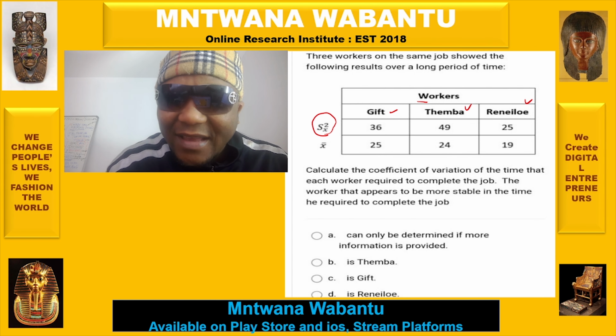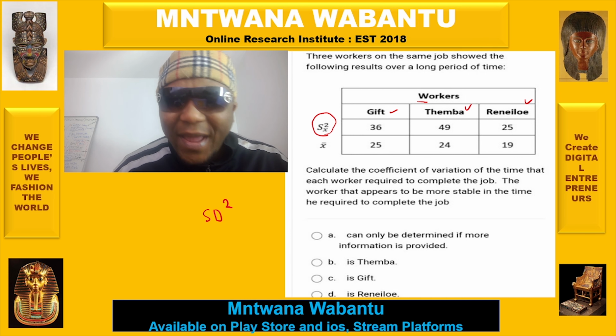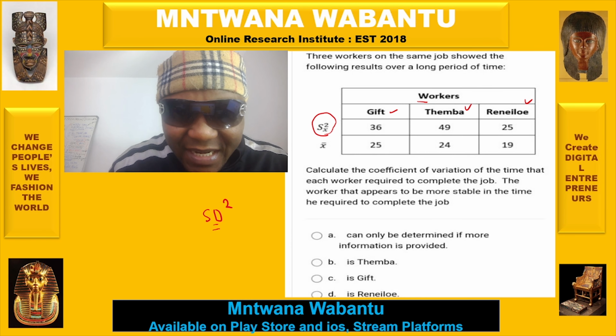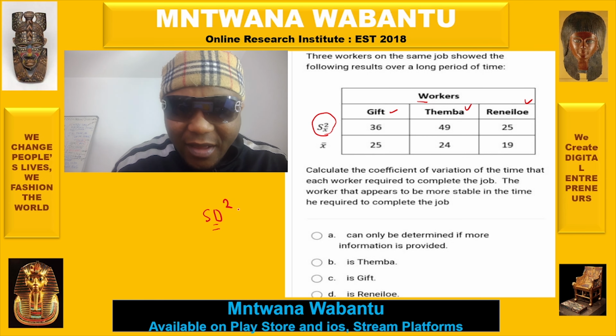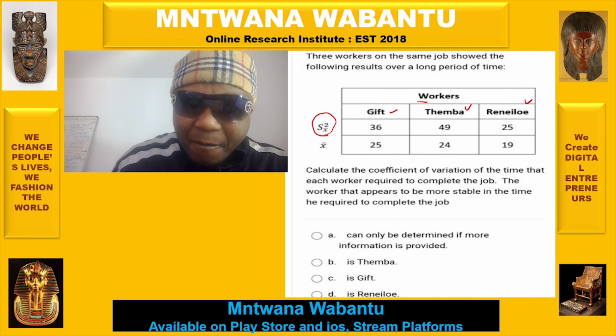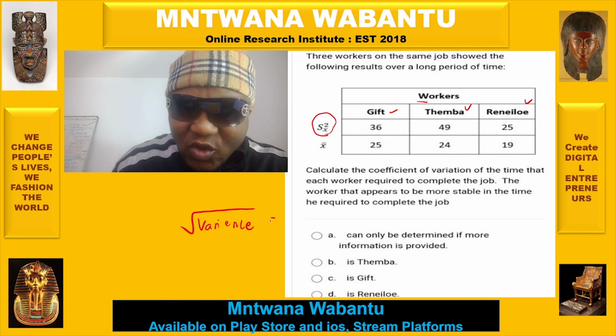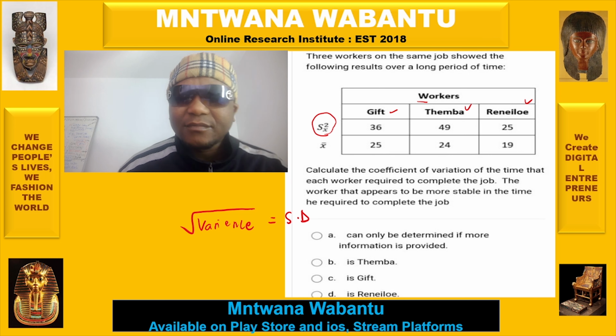This is variance, because they took the standard deviation and then they square. So if you take a standard deviation and then you square, I'm sorry, I meant to say variance. If you take a variance and you square root, this is going to give you standard deviation.